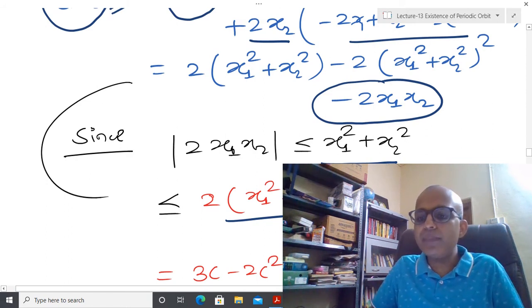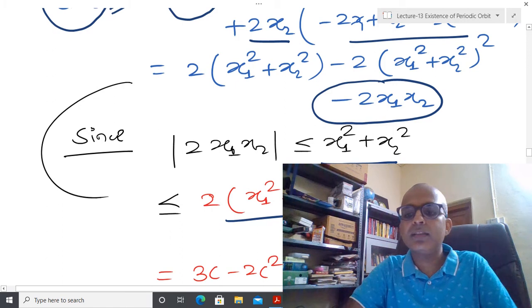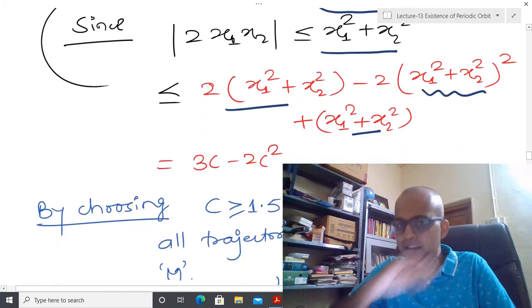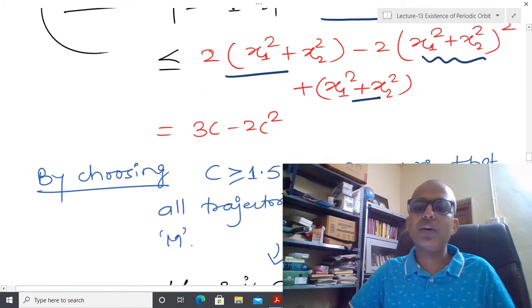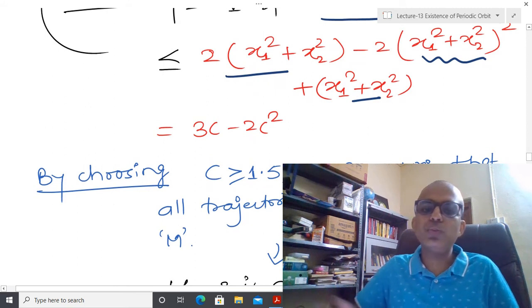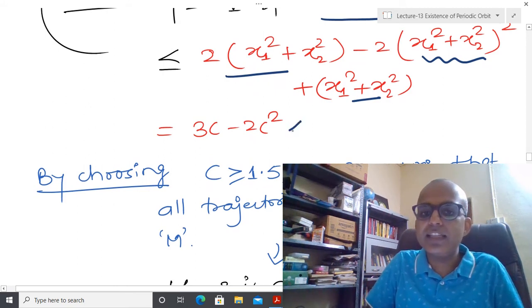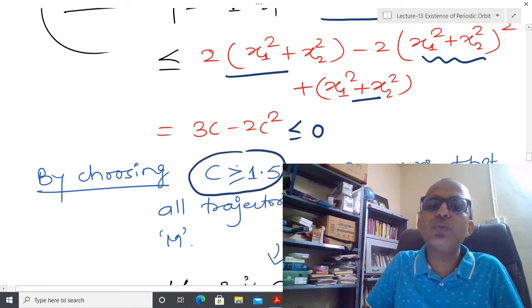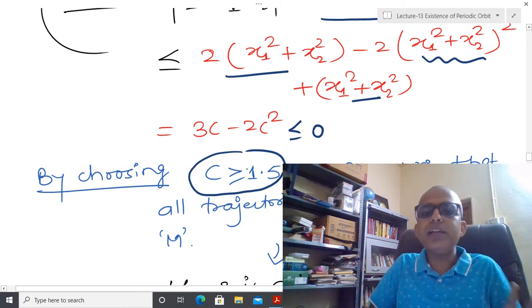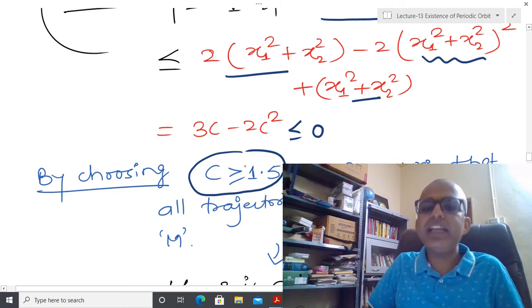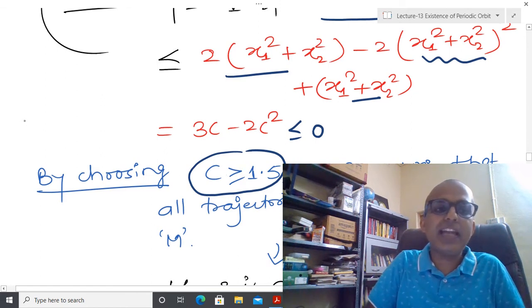Now in order to make sure that there exists some kind of periodic orbit, what we have to do is make sure that this is less than or equal to 0. So how to make sure that it is less than or equal to 0? If c is greater than or equal to 1.5, it means I can give a guarantee for whatever region I have constructed.